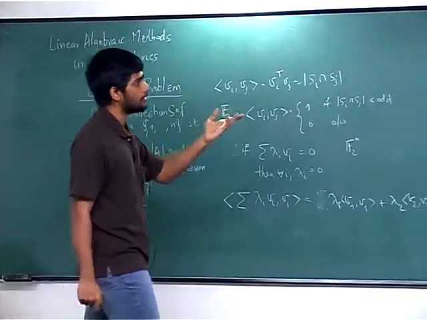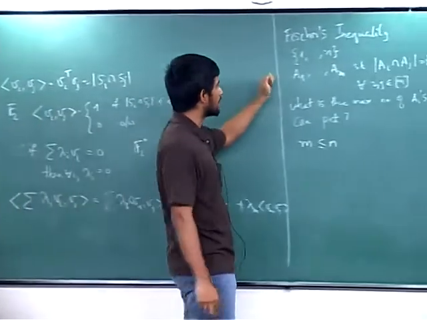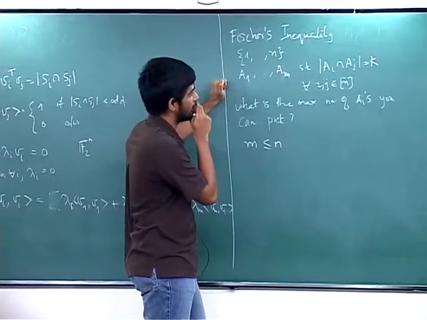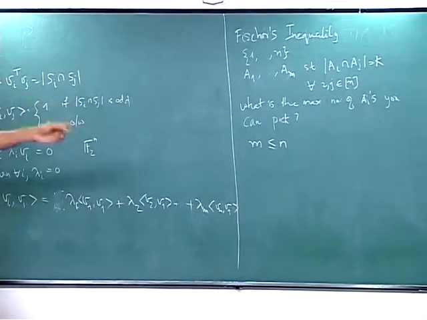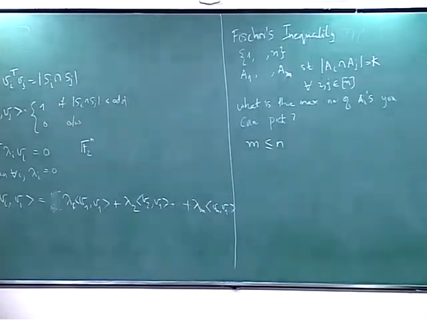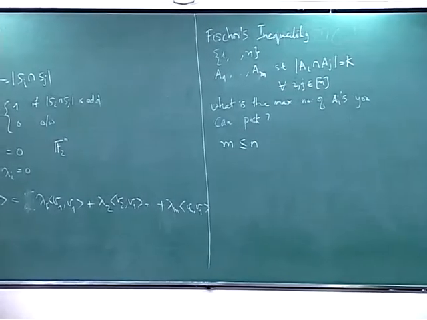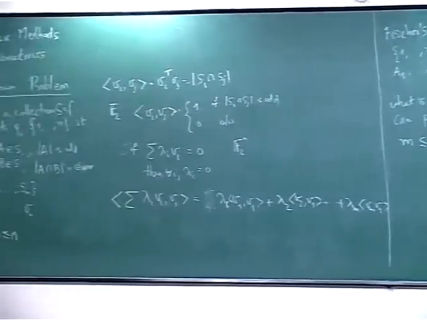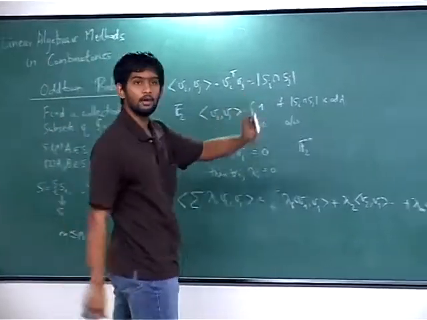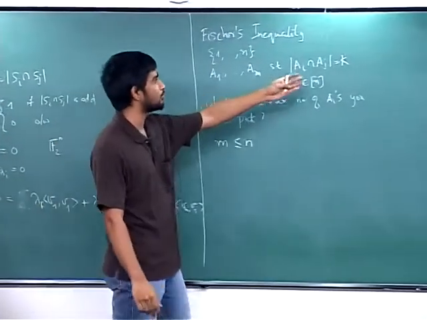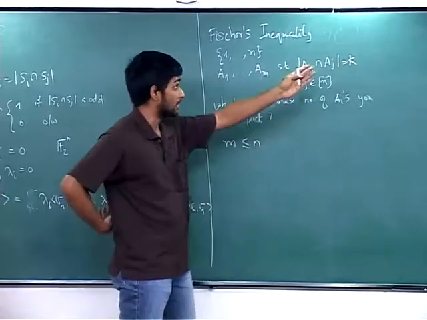For k equal to 1, n minus 1 you can achieve. I don't know how to achieve n. So this is the bound that we have. I guess you can get n also. So this is saying much more: it's saying that for any k it is true.